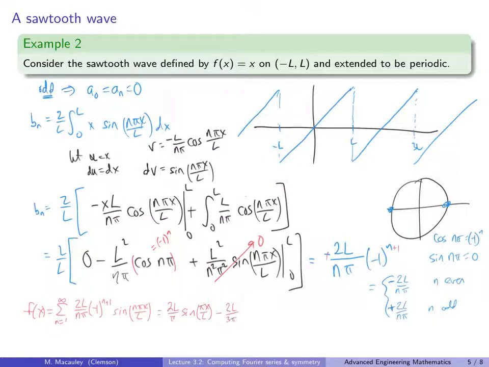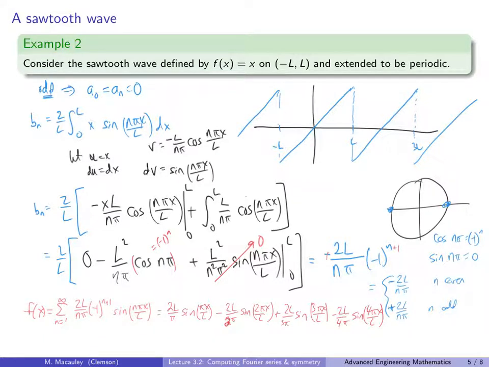2L over 2 pi, I forgot that I'm over, sine of 2 pi x over L plus 2L over 3 pi times sine of 3 pi x over L minus, everything's 2L over 4 pi times sine of 4 pi x over L. It's easier if L is equal to pi.